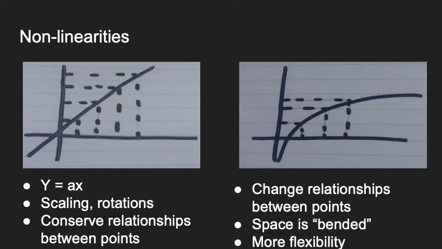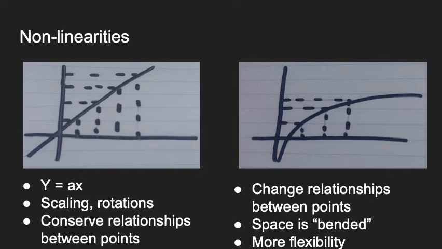So an important concept in deep neural networks is the non-linearity concept. For that, we need to introduce what a non-linearity is. On the left, you see something that's very linear. What linear means is that it conserves the relationship between points.